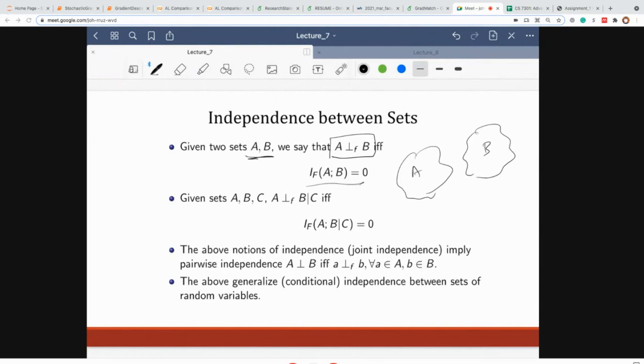It turns out that this also means that they are pairwise independent, in the sense that I take any individual element a within this larger set A and any element b within this larger set B, and a is independent of b, for all a in A and b in B. So this is what we call pairwise independence.